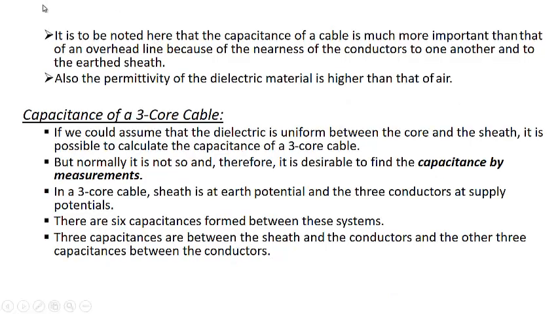So that's what is written over here. The capacitance of a cable is much more important than that of the overhead line because of the nearness of the conductors to one another and to the earth sheath. Also, the permittivity of the dielectric material is higher than that of air. So it is more important because its value is more, so we cannot neglect it for practical purposes.